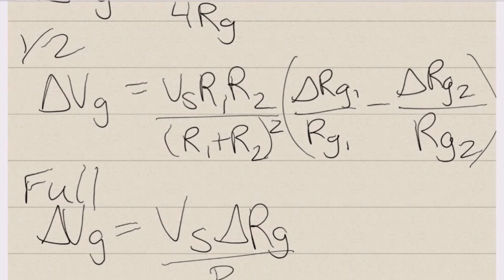So now we know delta VG, and these 3 equations can be applied for any element of unknown resistance, not just strain gauges. So these are the 3 equations that are most important that you will want to keep in mind.